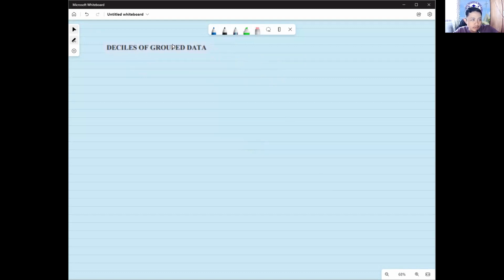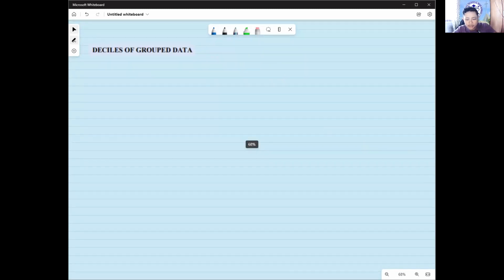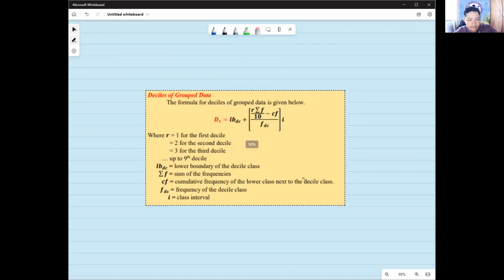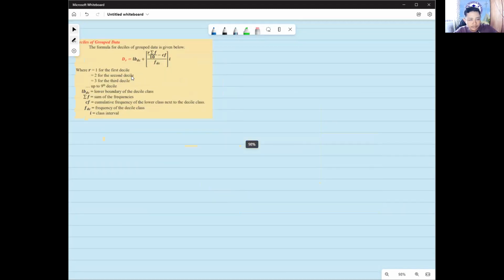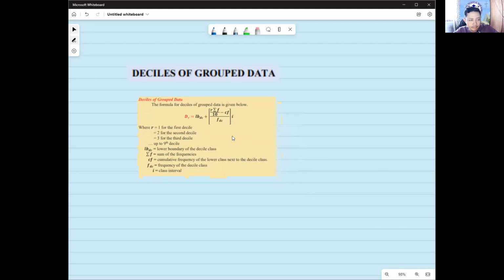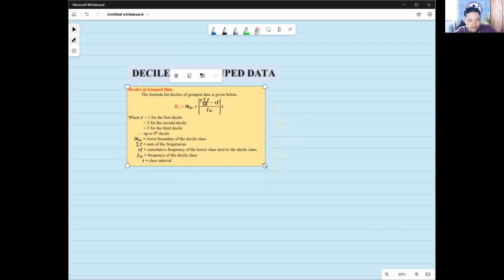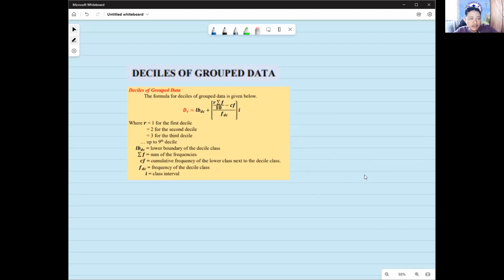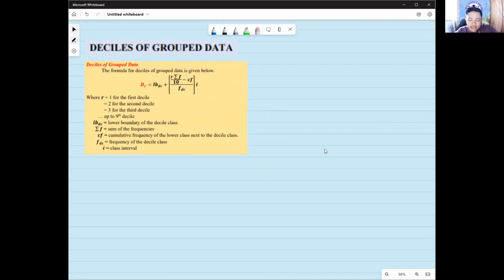So I hope you are still familiar with this formula. For the deciles of the grouped data, we will be needing this formula. And this is just the same with the quartiles. Okay.